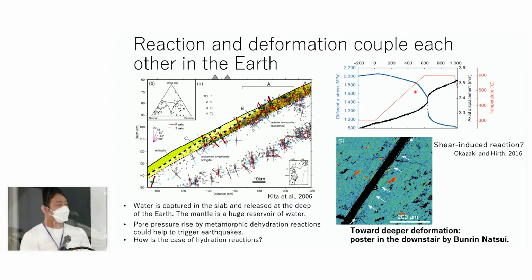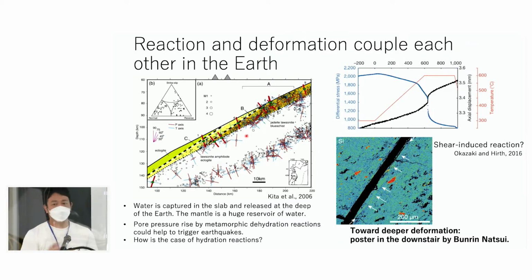Fluid is released, effective pressure goes down, the rock strength also decreases and accelerates, and then we finally slip, like here, the big jump in the black line, and then back to steady state slipping.